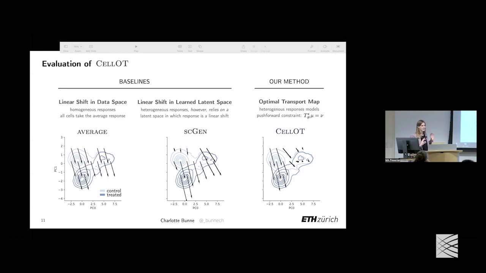Ideally, cell types are mapped to the same cell type after perturbation. We are also not the first doing this: there has been work by Geoffrey Schiebinger in 2019 in Cell, using optimal transport for learning developmental trajectories. It provides us with a good matching, because it's the matching overall which finds cells which are close to each other. This is why we use OT.